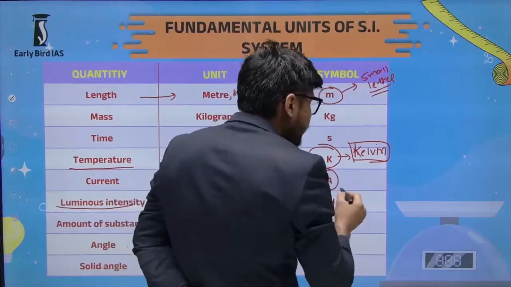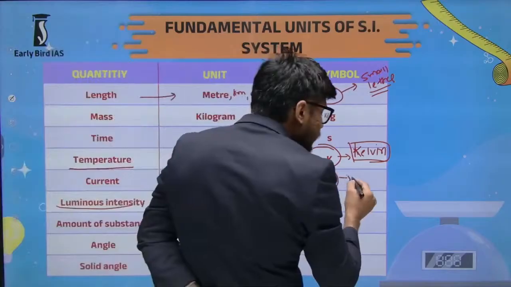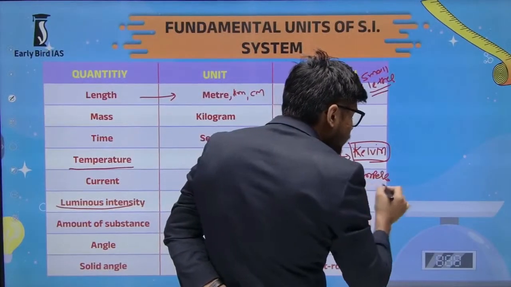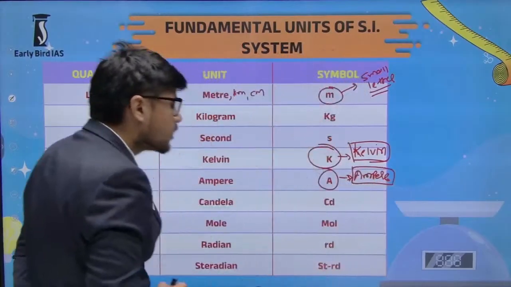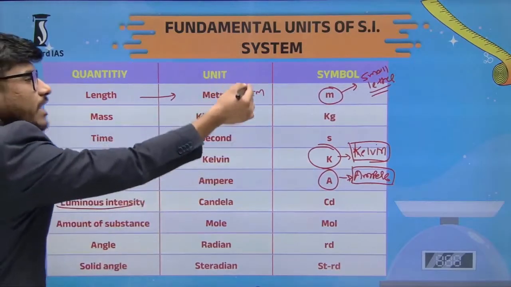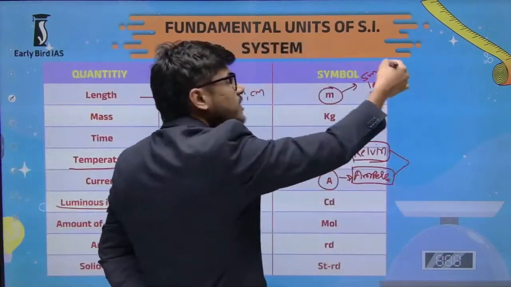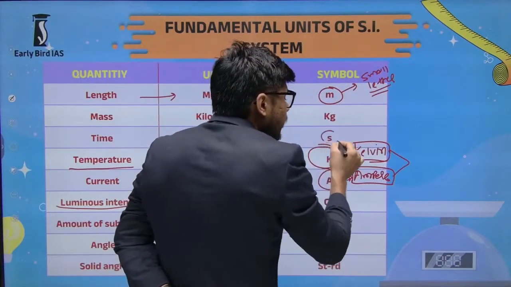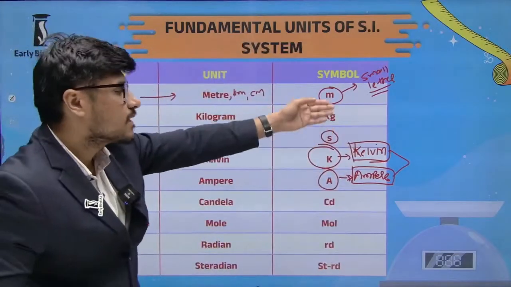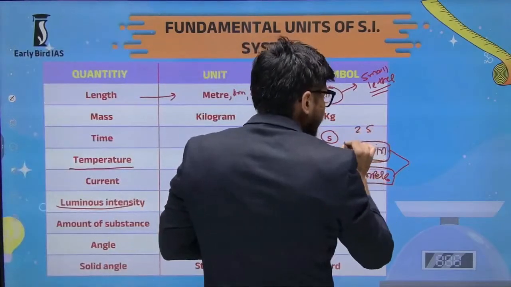This is the ampere, capital A, to measure current. Why capital A? Because Ampere was also a scientist. So any capital letter used as a symbol is from the name of a scientist. Otherwise, we use small letters. For example, to measure time, the unit is second and the symbol is s. For example, 2 seconds, 3 seconds.